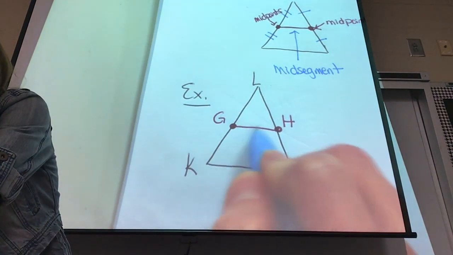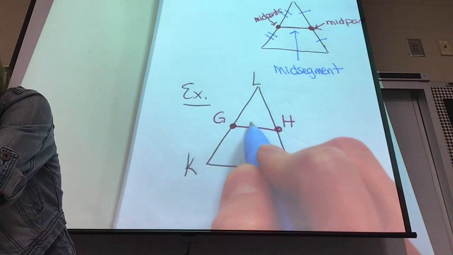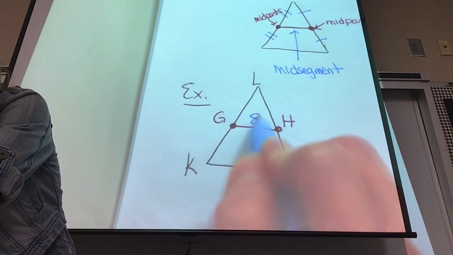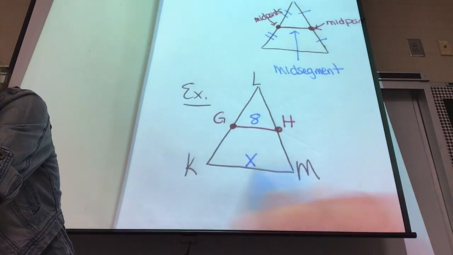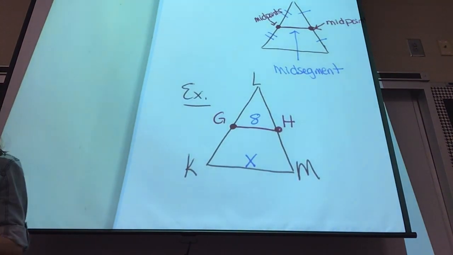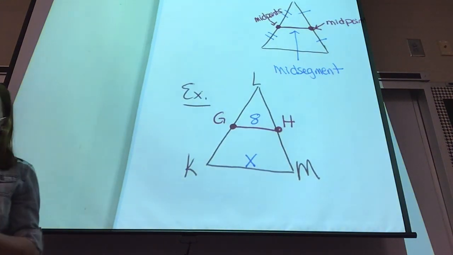I know that the mid-segment is, let's say, 8, and I want to know what X is down here. I'm going to start you off with a couple of easy ones as I explain what's happening.